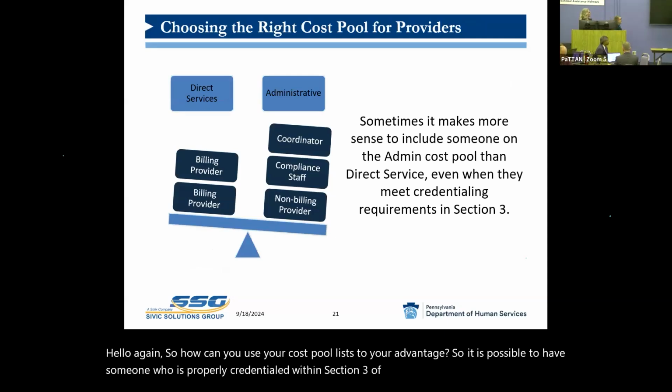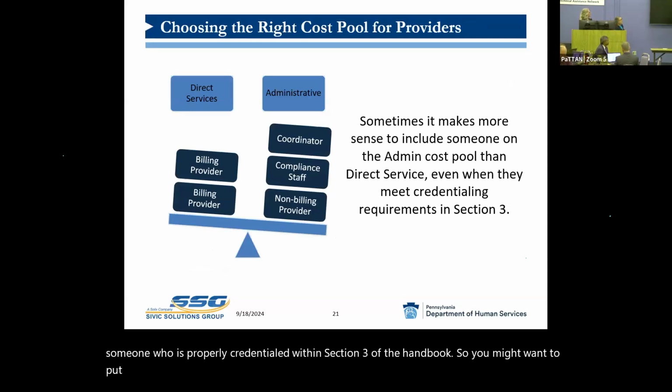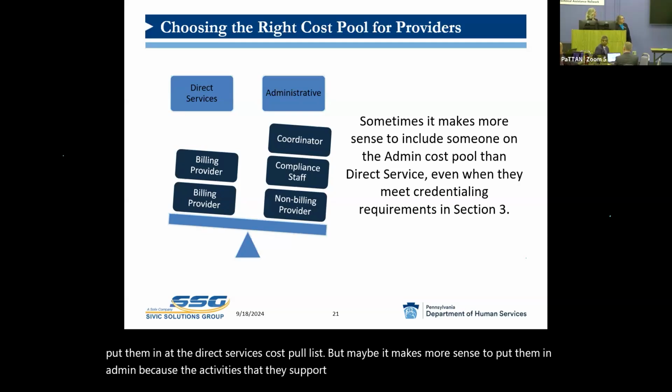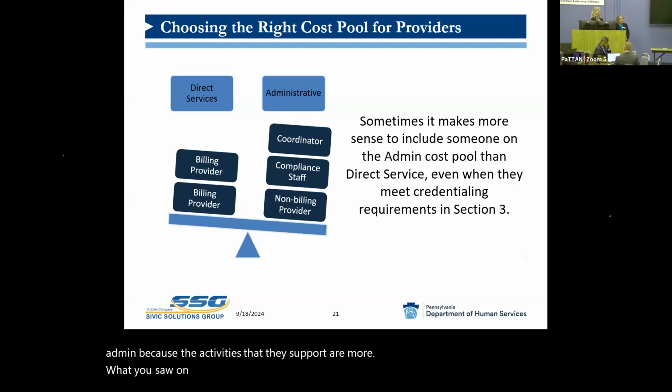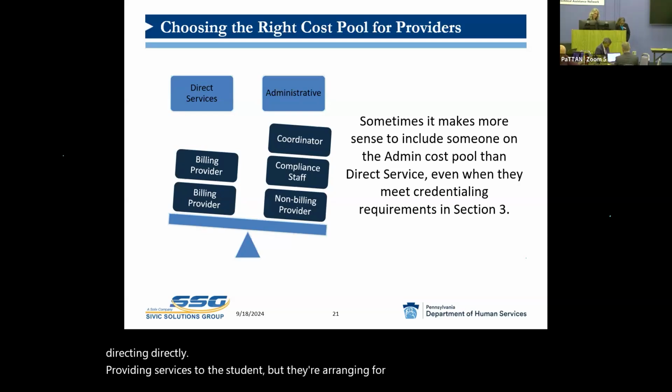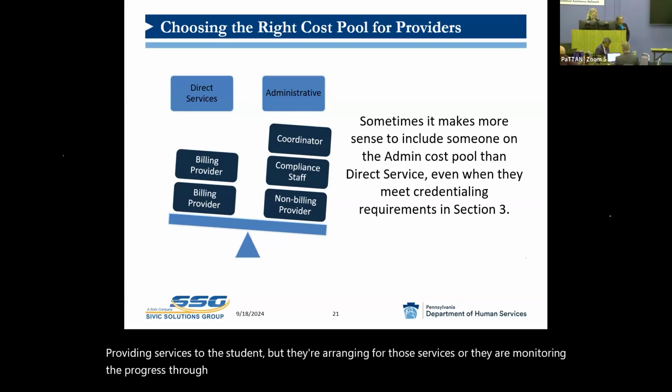So you might want to put them in the direct services cost pool list, but maybe it makes more sense to put them in admin because the activities that they support are more what you saw on the last slide. So maybe they are a licensed SLP, but what they're doing is not directly providing services to the student, but they're arranging for those services, or they are monitoring the progress through the IEP, those kinds of activities.